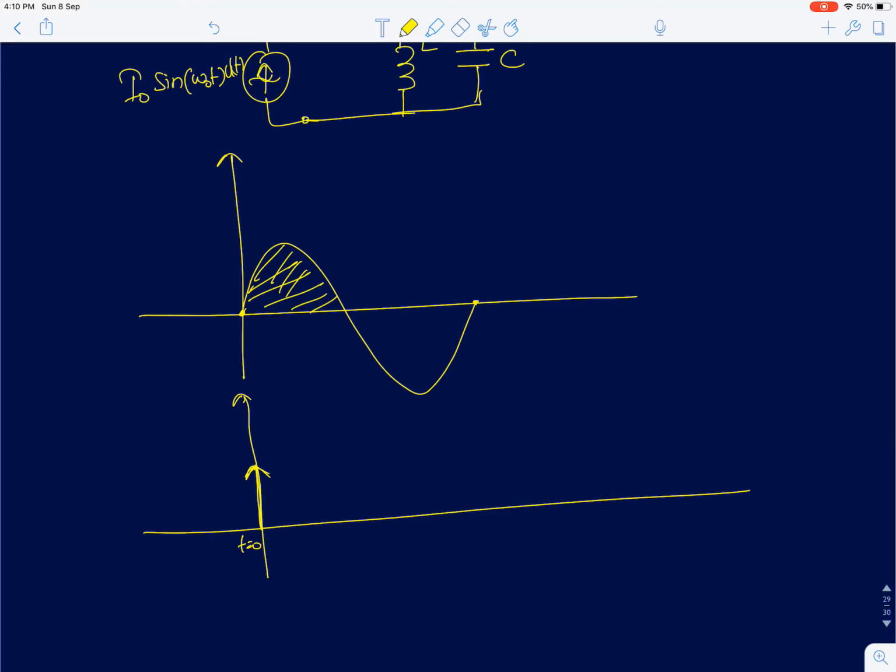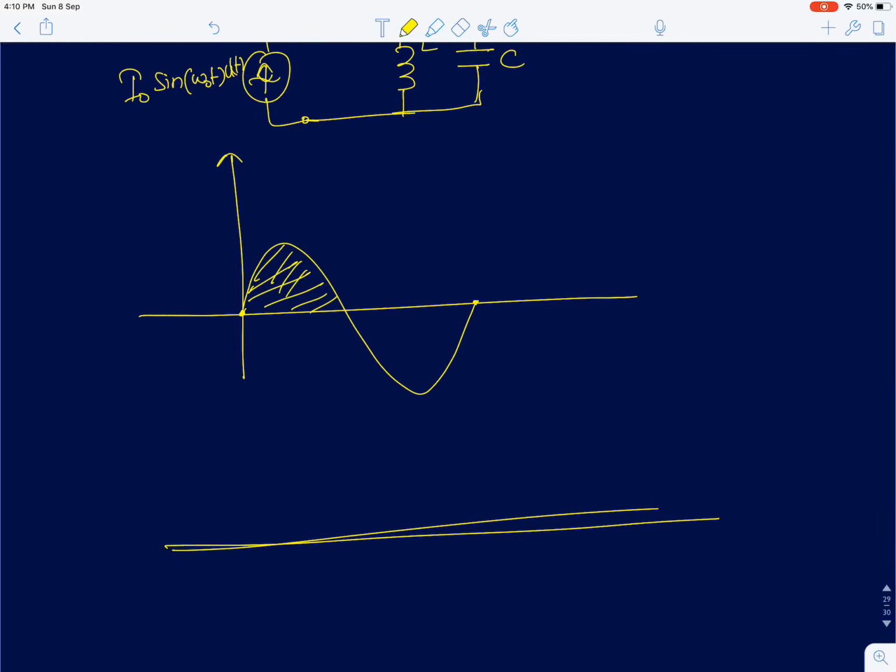It doesn't matter when I introduce the impulse. I can lump all the energy, all the area under this graph. Since it's a current, I can call it a charge and lump it together as an impulse at t equal to T by 4, the center of this curve.